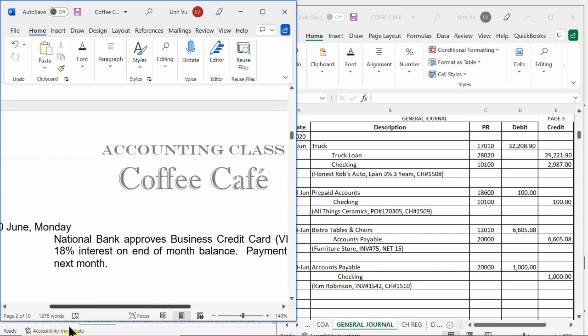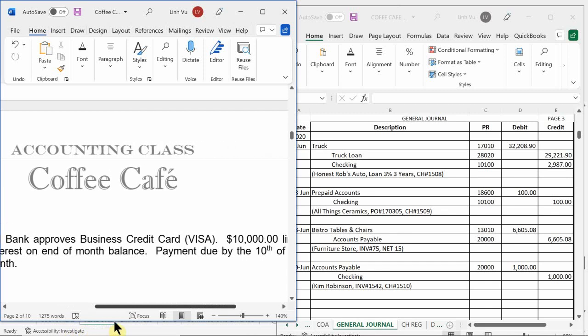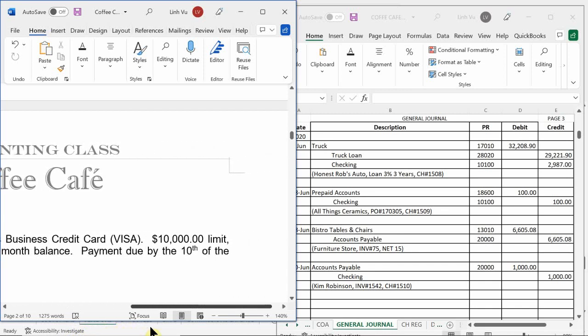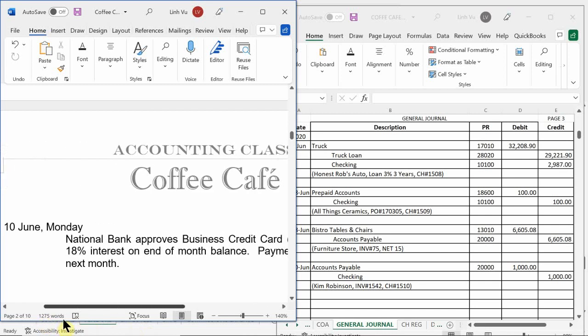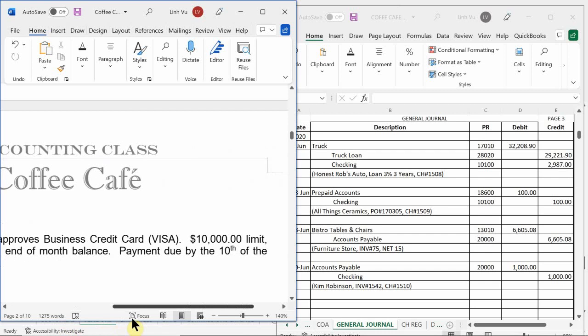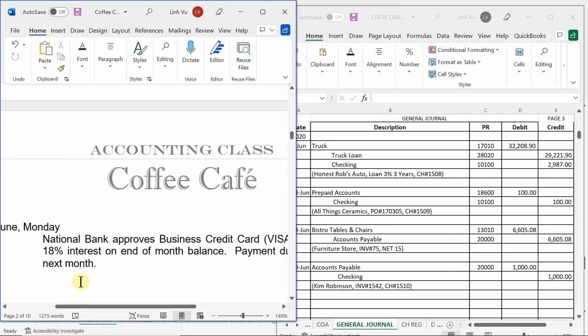You're going to be charged 18% interest on end of the month balances, and payments are going to be due on the 10th of every single month, on the next month. So in this case, I got approved for a credit card. So what do I do with this transaction?